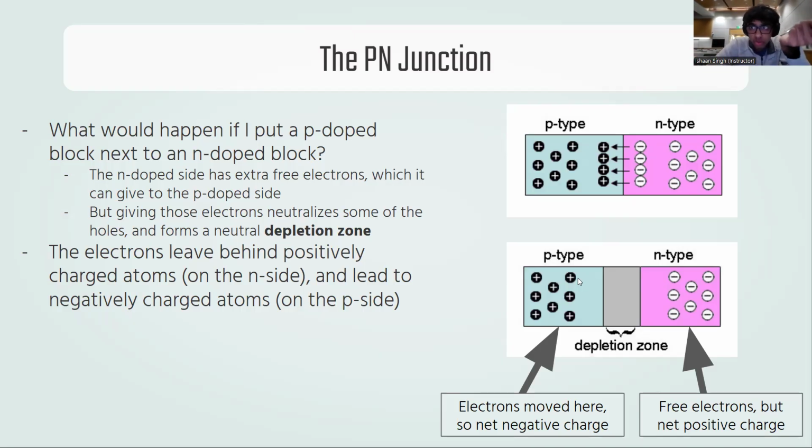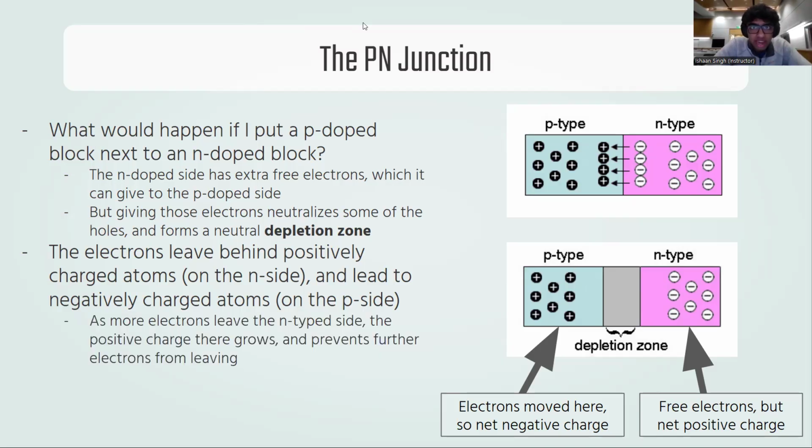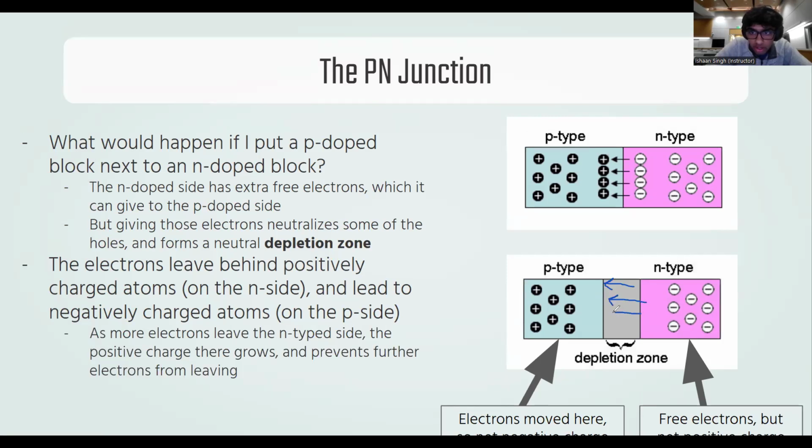And if you think back to lecture 1, an electric field flows from positive to negative net charge, okay? So now we have this electric field, I'll draw it, that's pointing in this direction, okay? Because remember, although we have free-floating electrons on the N side, we've now accumulated a net positive charge here, to draw that, and a net negative charge here, okay?